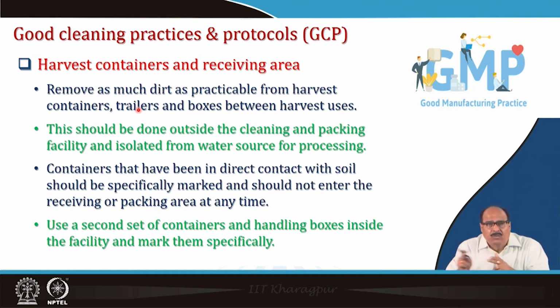This should be done outside the cleaning and packing facilities and isolated from the water source for processing. Containers that have been in direct contact with soil should be specifically marked and should not be allowed to enter the receiving or packaging area at any time. Use a second set of containers and handling boxes inside the facility and mark them especially to be used inside the facility.